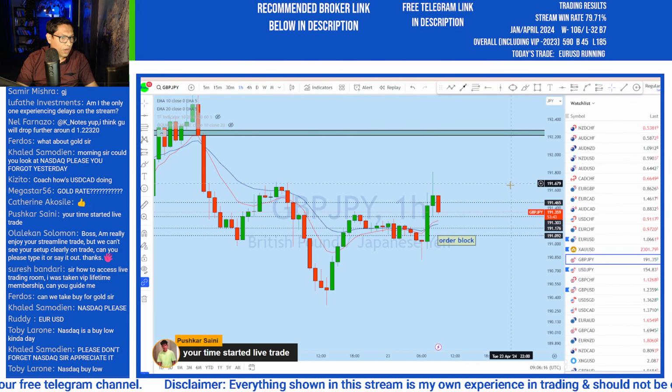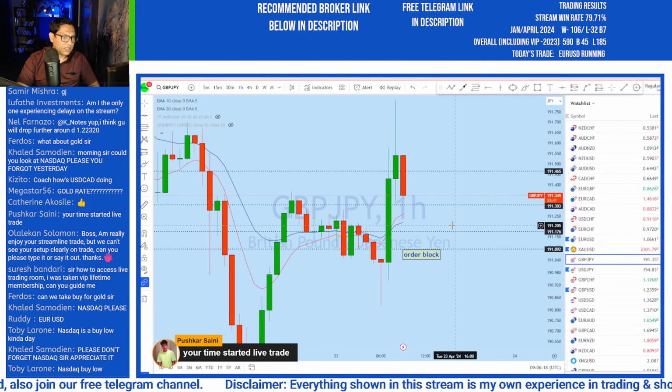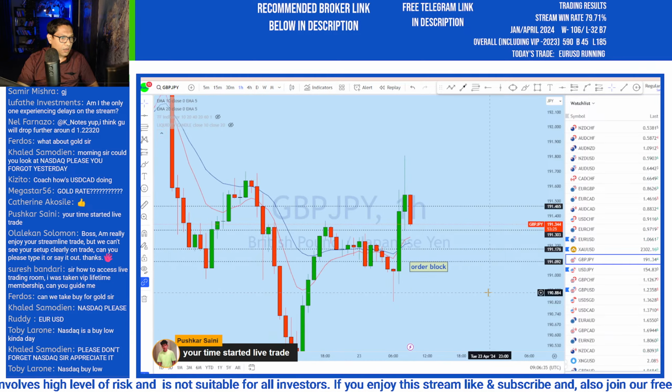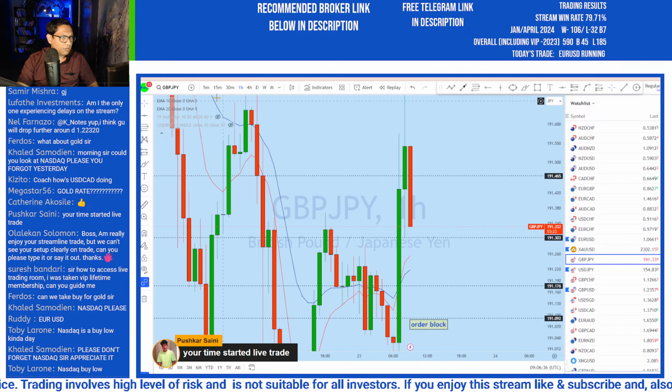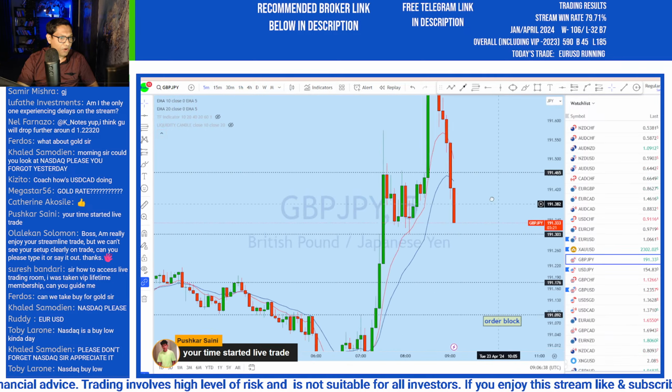So if you look at the 1-hour chart, we can see the price already breaking that support level. You can see the break of this 191.30. If the market is breaking below, coming back here, and once it tries to bounce, we will be looking for an entry. Let's see how far it comes down.